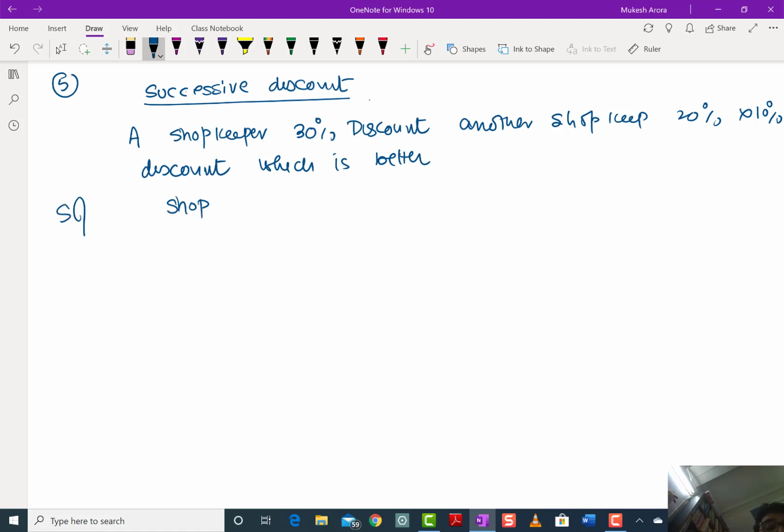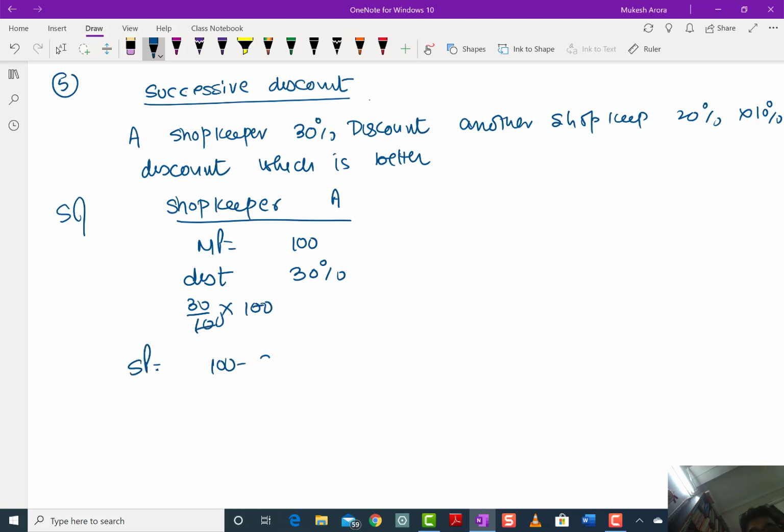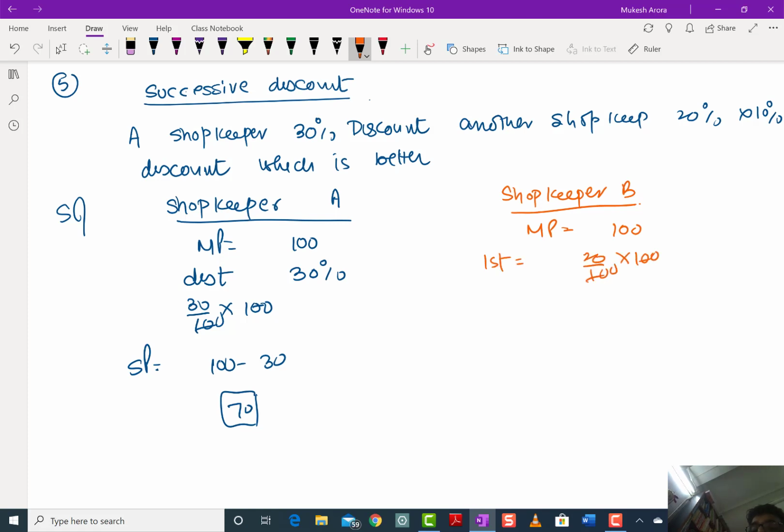Shopkeeper A, mark price is 100, discount is 30%, 30 upon 100 into 100. Selling price will be 100 minus 30 is 70. Shopkeeper B, mark price is 100, first discount is 20%, so mark price will be 100 minus 20 is 80.